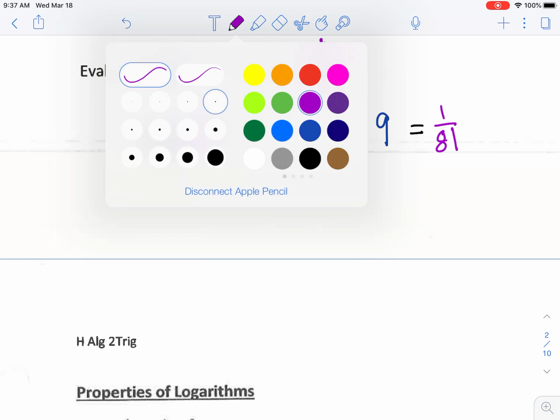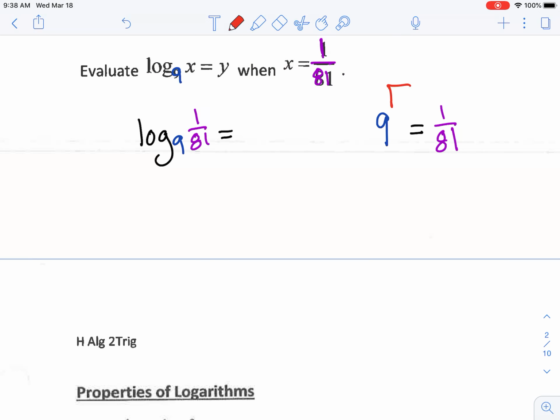This creates a fraction. A fraction should tell you automatically that your exponent is going to be a negative. Okay? And then what do I do to make the 9 into an 81? I need a 2. I need 2 of them. I need 9 times 9. So this is -2, -2.